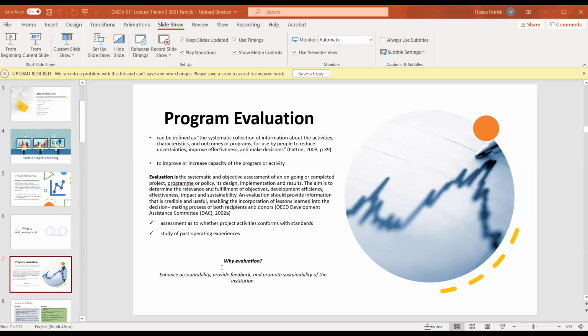Yes, Zandi, your mic is still muted. Yes, go ahead. I would say monitoring is focusing on the measurement of the quantity and quality of the implemented activities. That's monitoring.